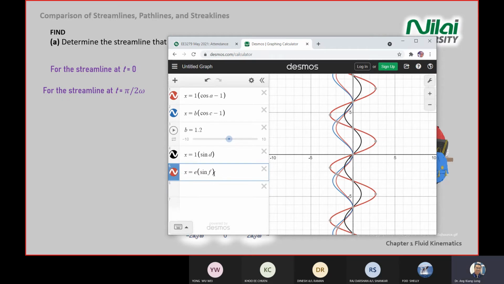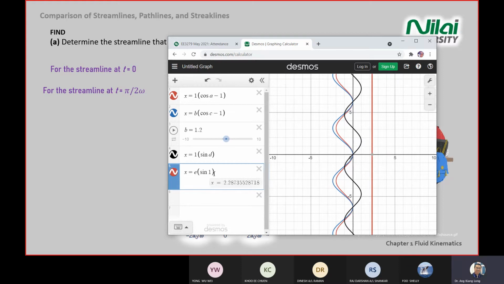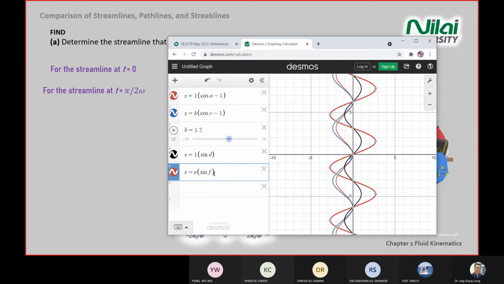What happened? It does not allow me to. Sine f, sine g, sine 1. I'm not sure why it suddenly doesn't allow me to play like number 1. But anyway, you get the idea.